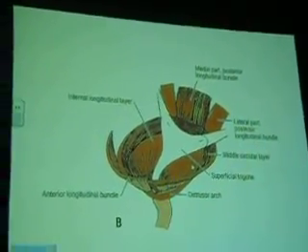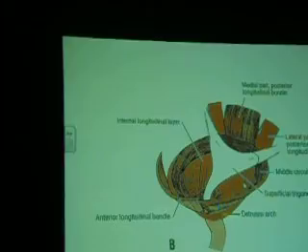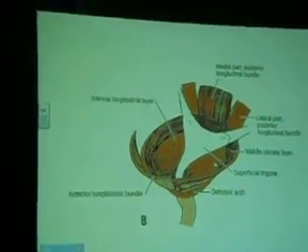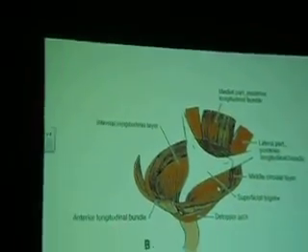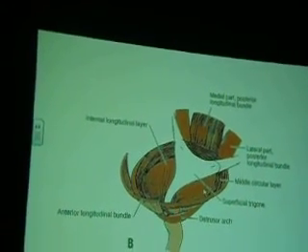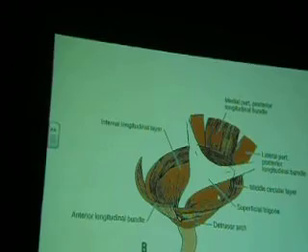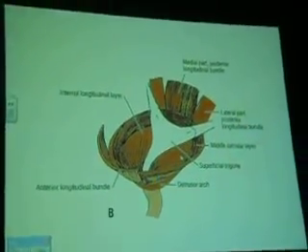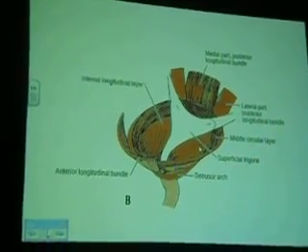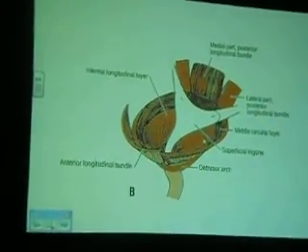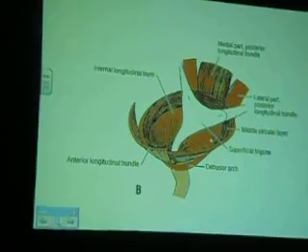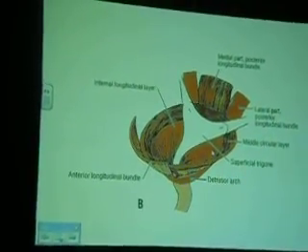There we have the deep trigone. I must mention that these muscles are also smooth muscles, but these trigonal muscles are much smaller than the rest of the detrusor muscles, and they are of mesodermal origin. So when we stick a needle into the trigone and ask where the muscles come from, it's mesoderm, whereas if we stick the pin into the rest of the bladder muscles, it's from the urogenital endoderm. Okay?